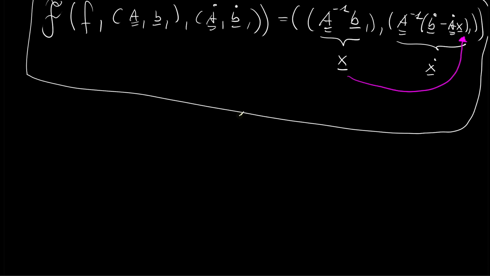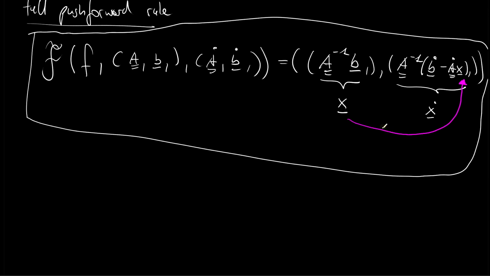A last remark I want to make is that we can reduce the computational load for the tangent pass by quite a bit if we reuse the factorization in the case of a linear method. What we see here is that we need the inverse of a matrix twice. If you were to use a direct solver, like an LU decomposition or a Cholesky decomposition, you would factorize the matrix and then use the factorization to solve the linear system.